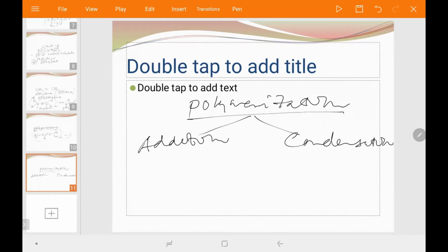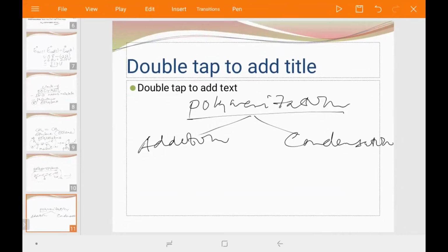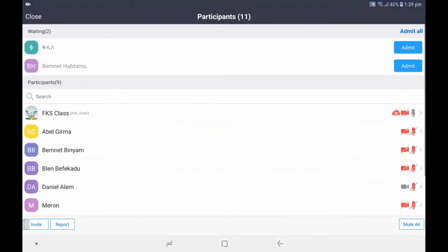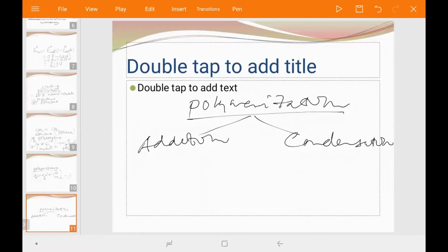Students, I hope you remember what addition reaction is. Addition reaction is the common reaction for unsaturated hydrocarbons. Who can answer this? Addition is the common reaction for what?